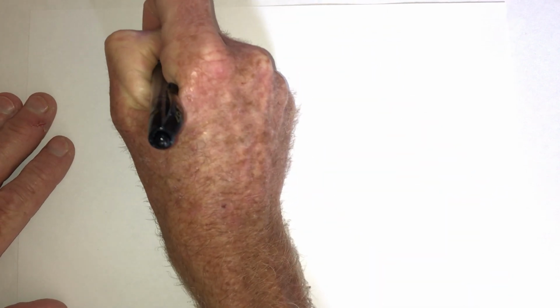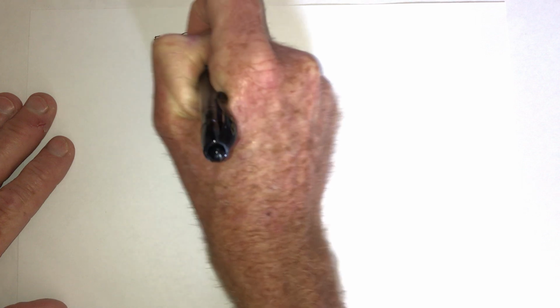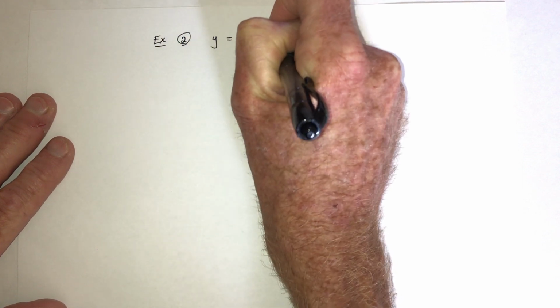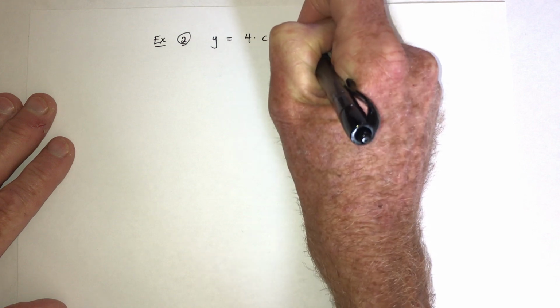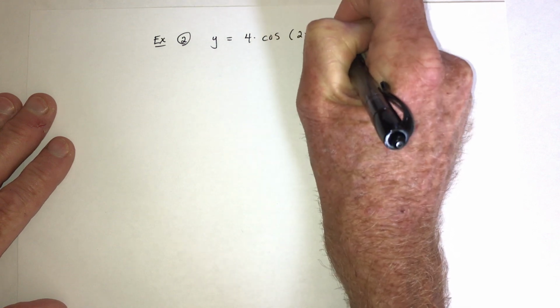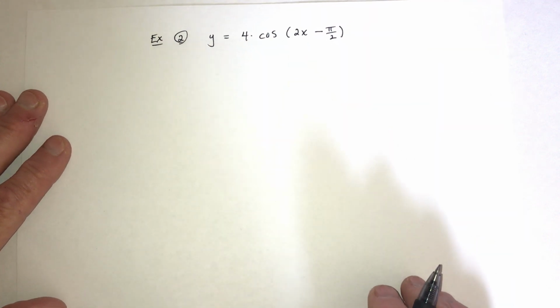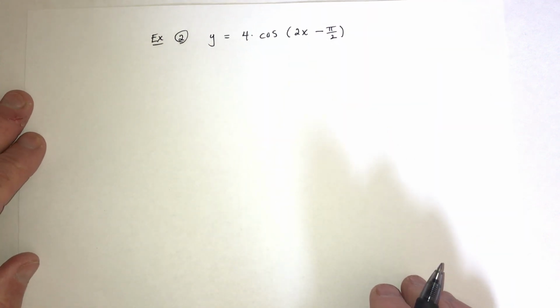Now onto an extremely important point. Example number 2. Y is equal to 4 times cosine, and then 2x minus pi over 2. So does it get shifted to the left or the right?